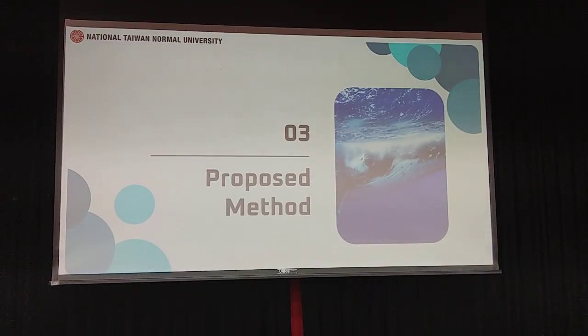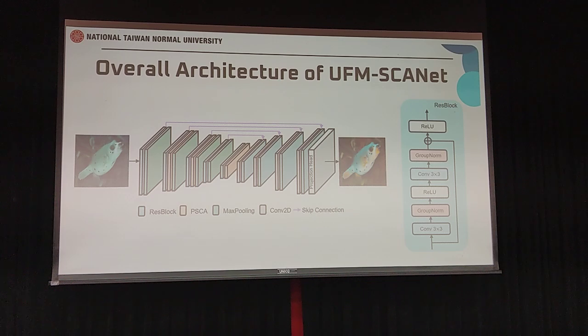Here's my proposed method. The proposed UFM-SCA-Net follows a U-shape encoder-decoder architecture. The encoder extracts multi-scale features through residual blocks and downsampling.